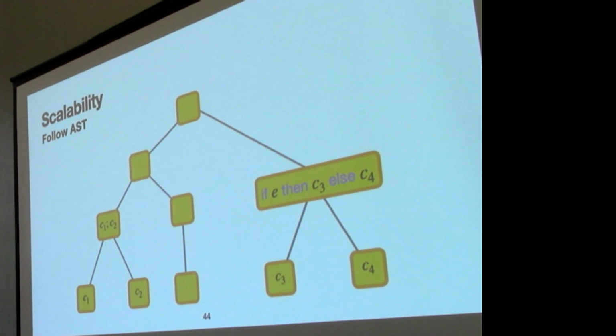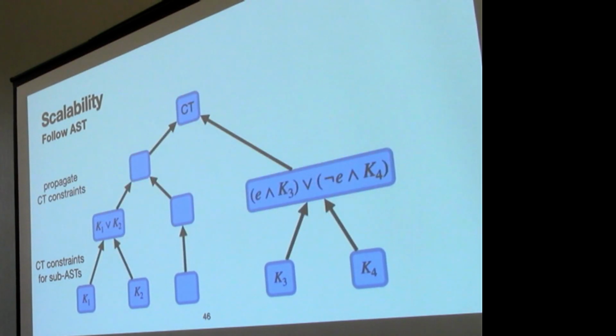So we start with sub-ASTs that are sufficiently simple. We get constraints describing the CTs for those, and then we apply the CT combinators to propagate these constraints upwards until we get a constraint describing the completeness threshold for the entire program.